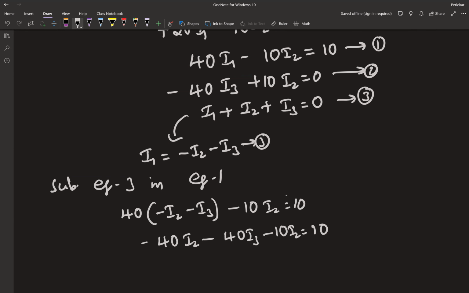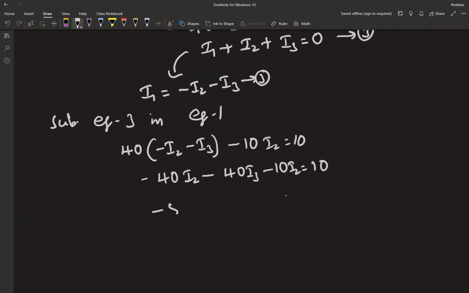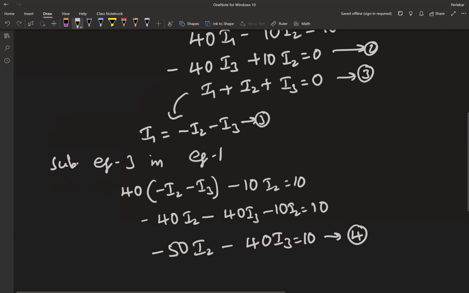So we'll end up with minus 50 I2 minus 40 I3 equal to 10. Did I make any mistake? I don't believe so. Okay, thank you. I always do those silly mistakes. I'm going to say this is equation 4 here.